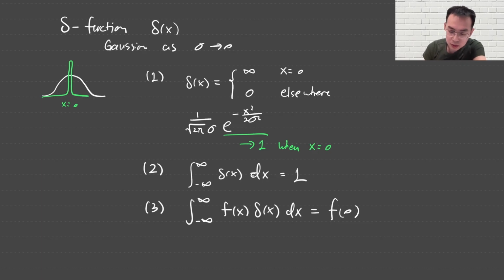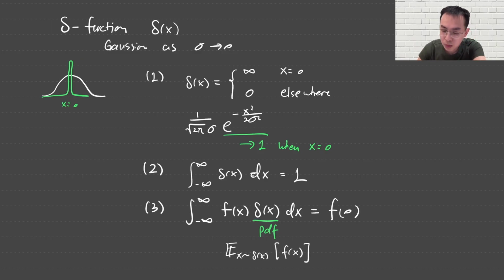So what does this mean? There's a neat way to think about it: if we treat the delta function as a probability density, as a PDF, then what we get for this term is really the expected value of f of x, with x distributed as delta of x.